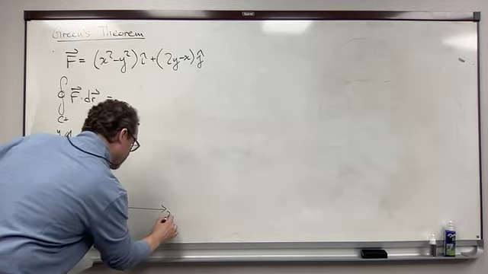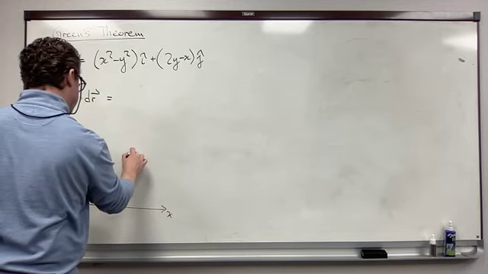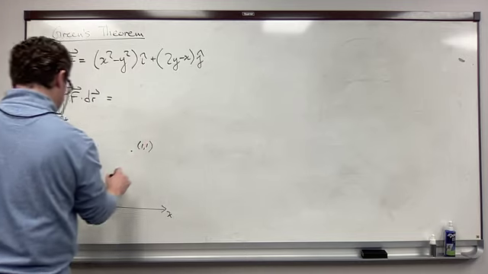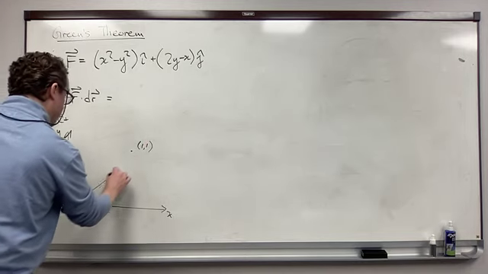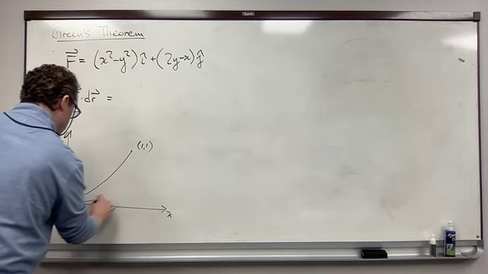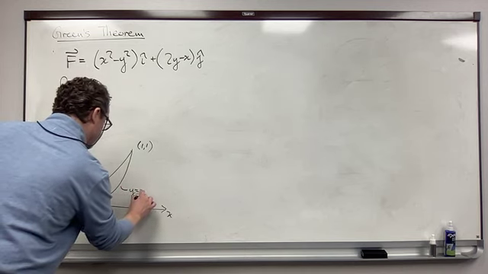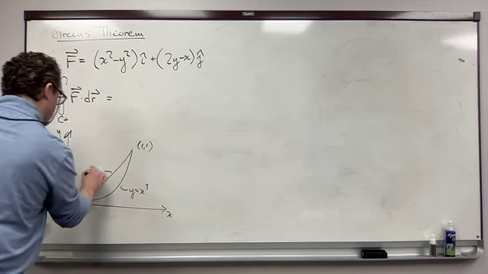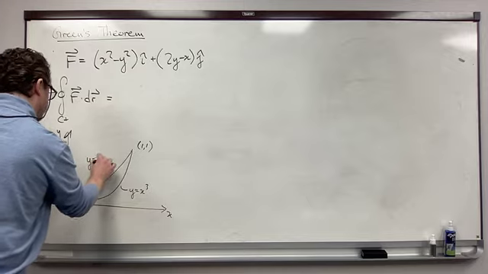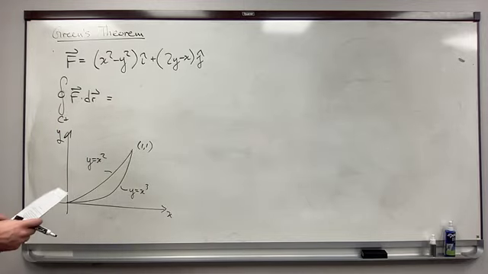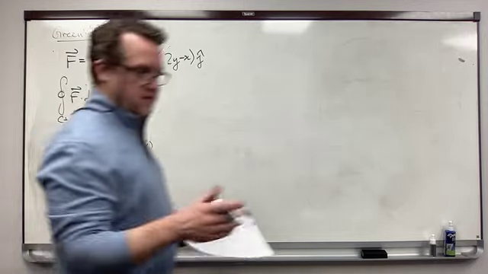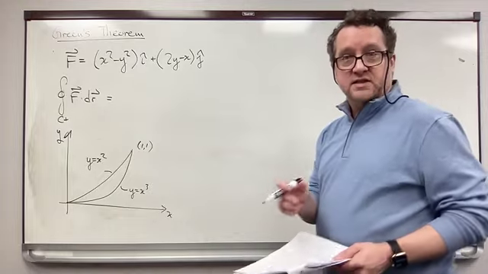This is y, this is x, this is 1, 1. This here is y equals x cubed. On top is y equals x squared. At first glance, you might say, wait a minute, x cubed is always bigger than x squared. Well, it's not true if x is less than 1.